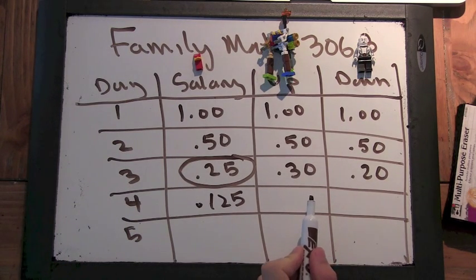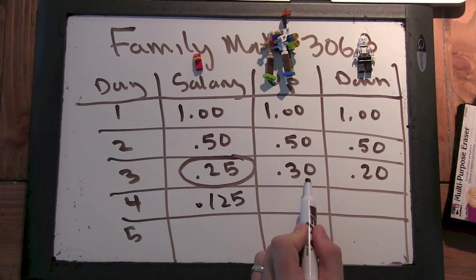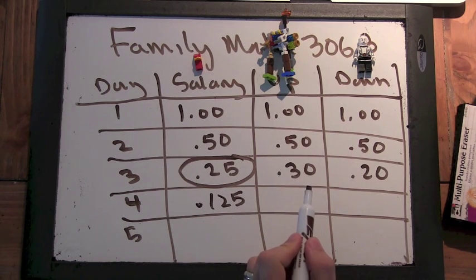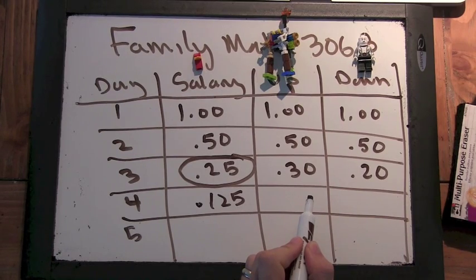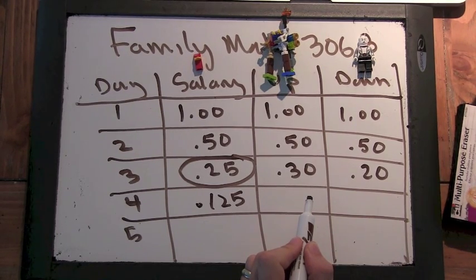What about this one? Now you got 30 cents instead of 25 cents. So how does the calculation work? It's going to rise up as you go.